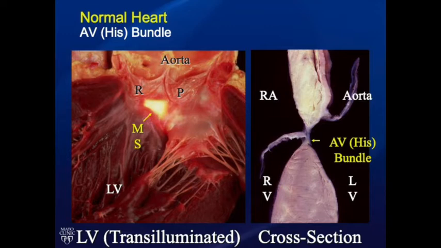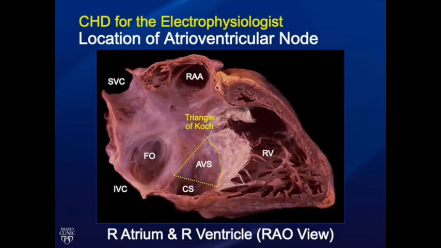And I apologize, I can't use the pointer on both views here, but if we look here, non-coronary sinus and right sinus of Valsalva, right opposite the tricuspid fusion point, the membranous septum. So anytime we see issues with the membranous septum, specifically it's going to be the penetrating bundle of His that we'll have to see what happened to.